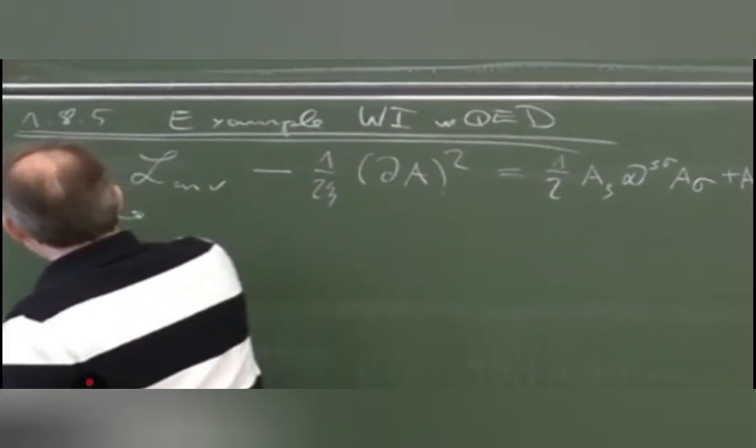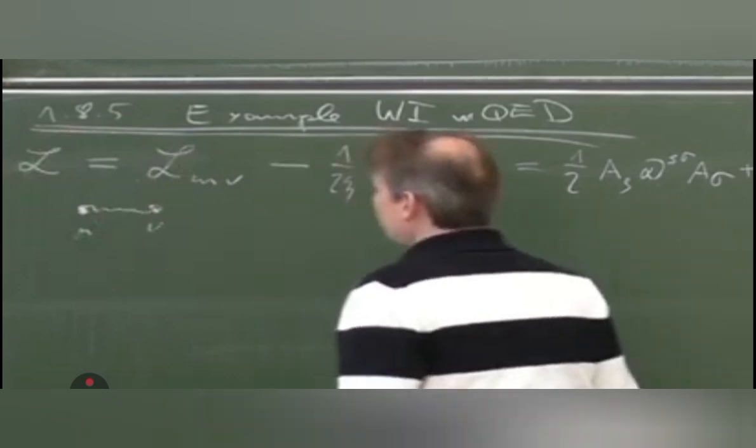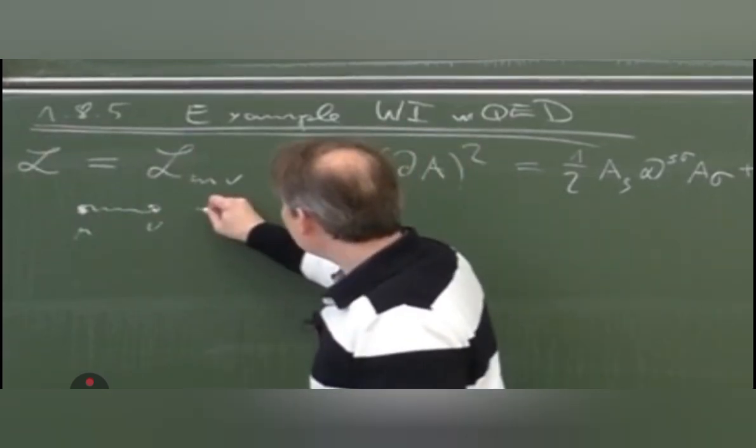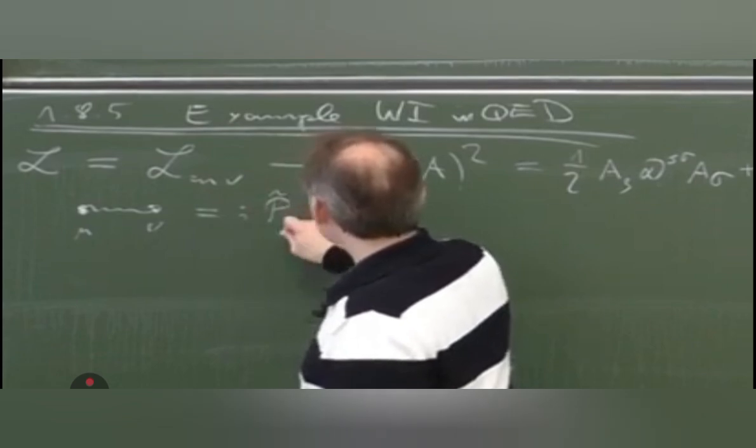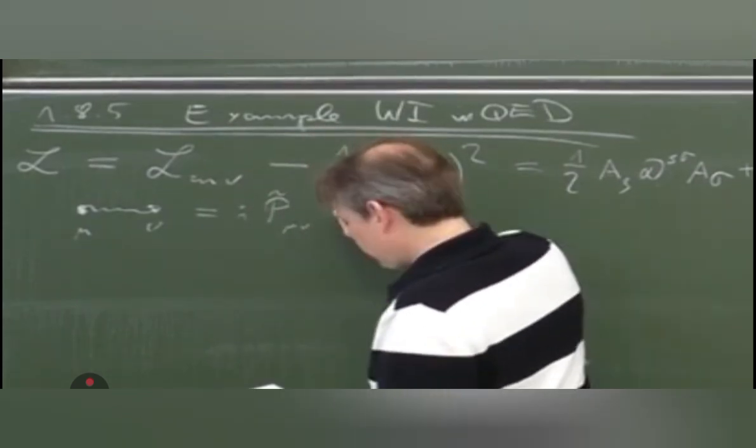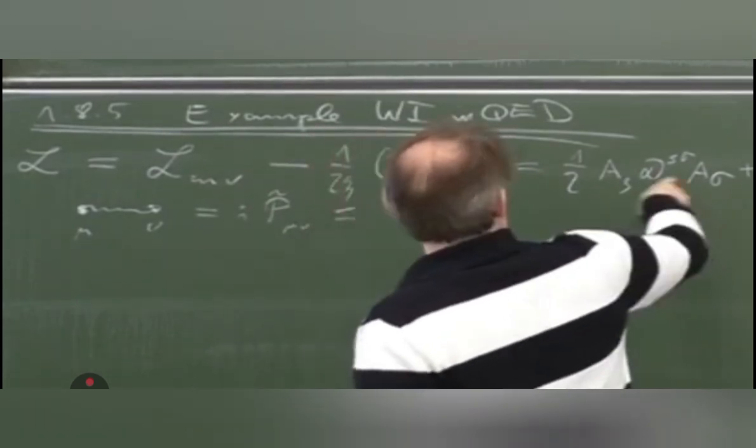And the photon propagator between two photons with Lorentz indices mu nu has the name i times p-tilde_mu nu, which is the inverse of this differential operator.